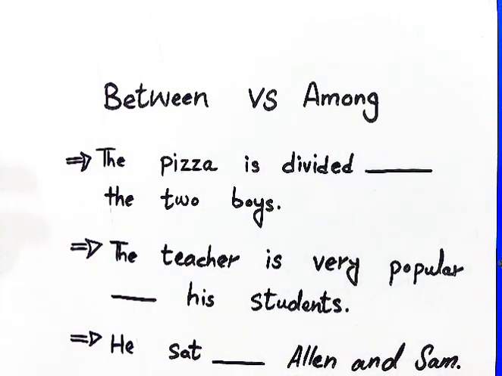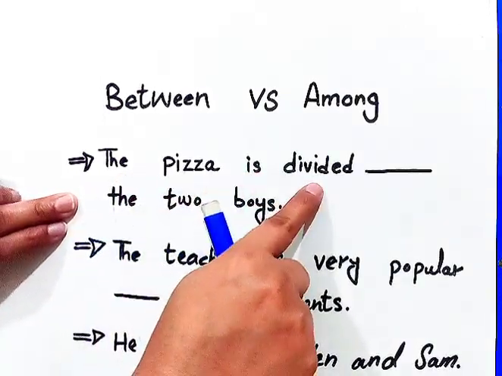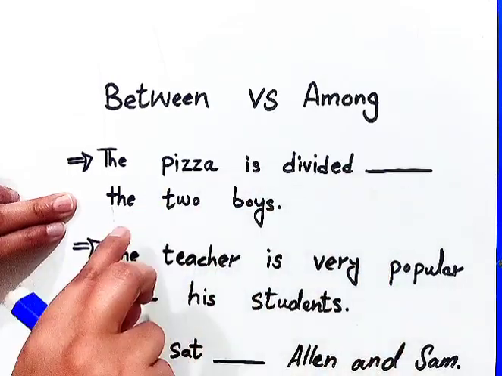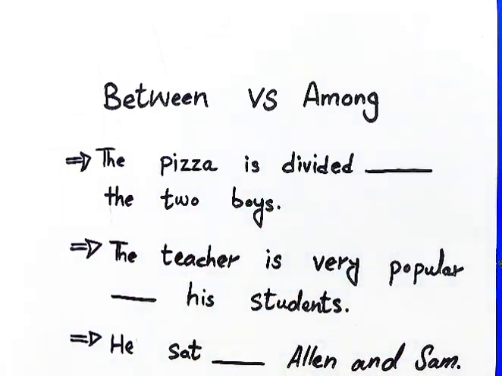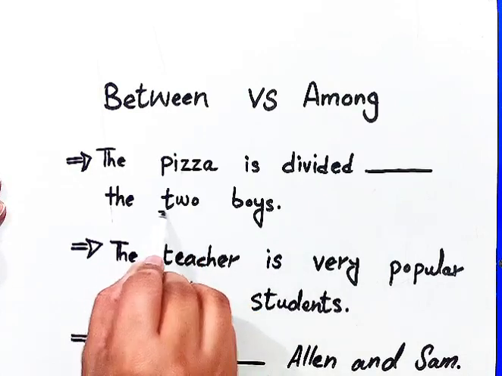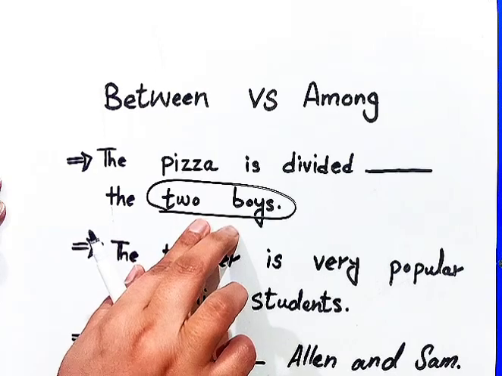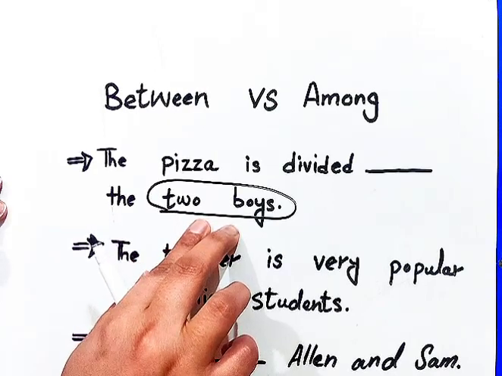Alright, I have some examples relating to this. The pizza is divided blank the two boys. Now, in this example, we are talking about two boys. There are only two boys.